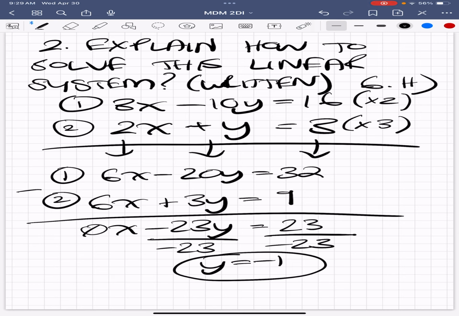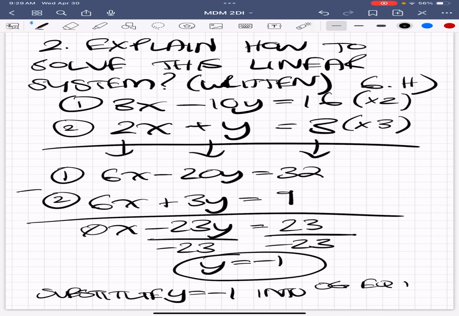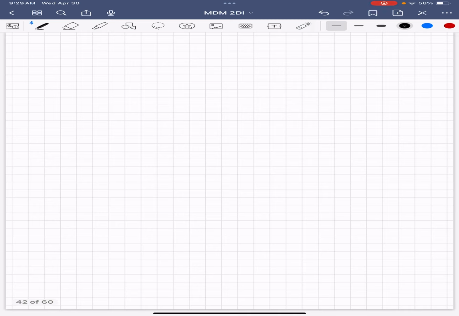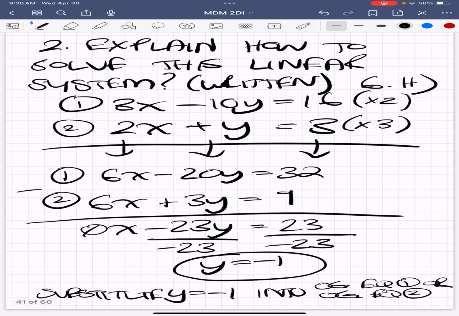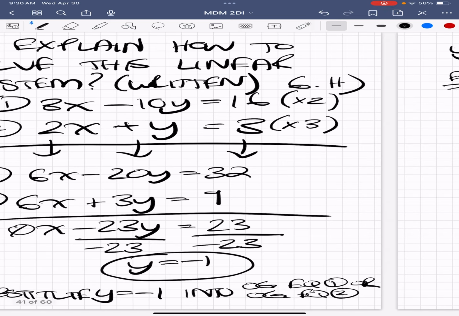So substitute y equals negative 1 into original equation 1 or original equation 2. So the original equation 1 was 3x minus 10y equals 16.